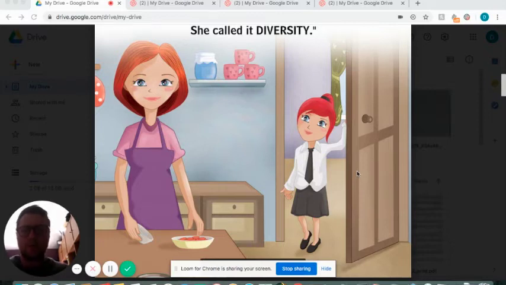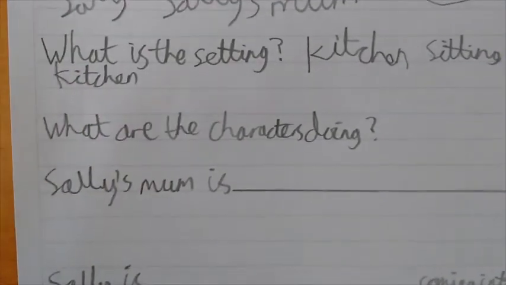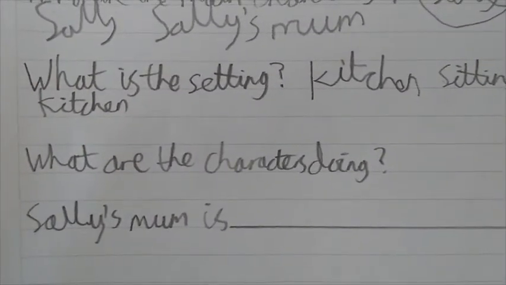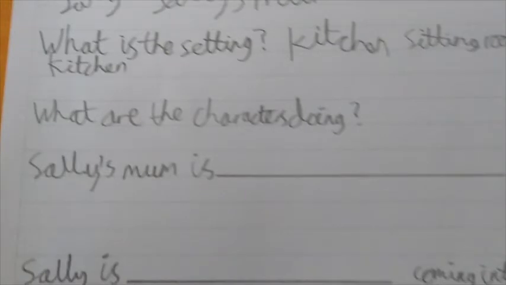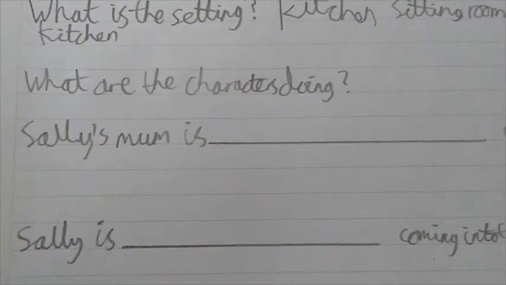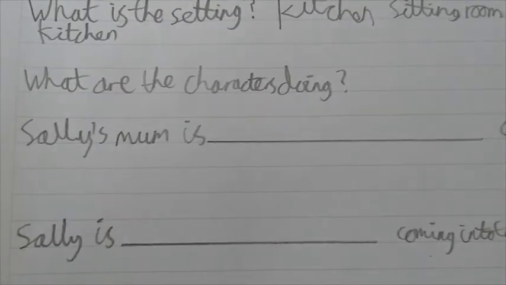So I'm going to give you another multiple choice question on the sheet of paper. So the next question is, what are the characters doing? So if you can copy this question, and also Sally's mum is, and Sally is, and pause the video while you do so.